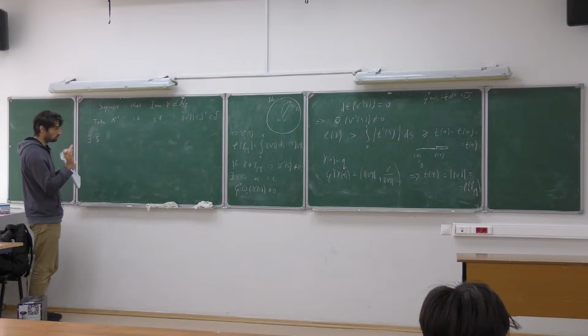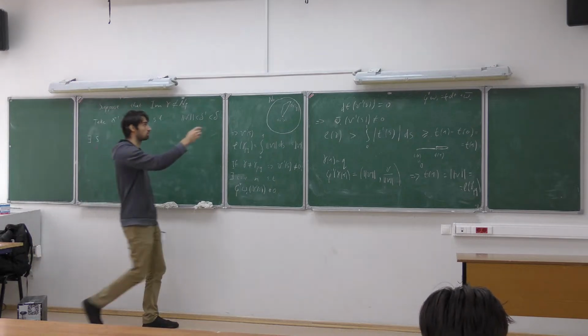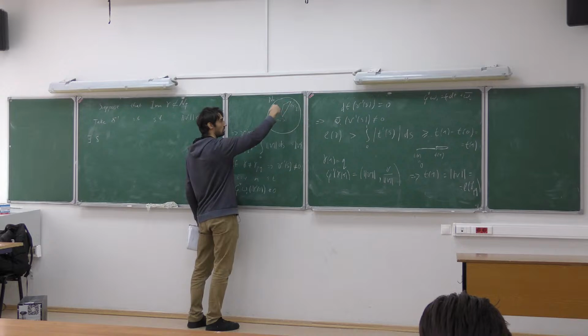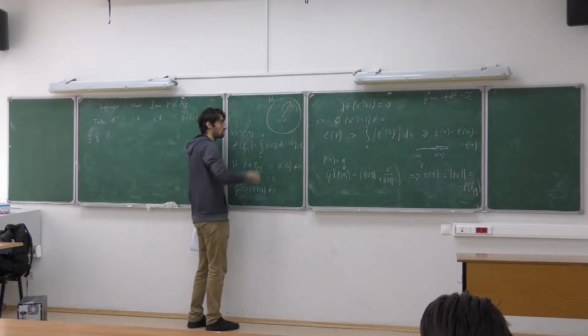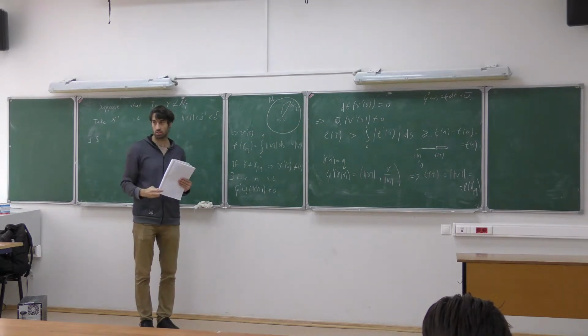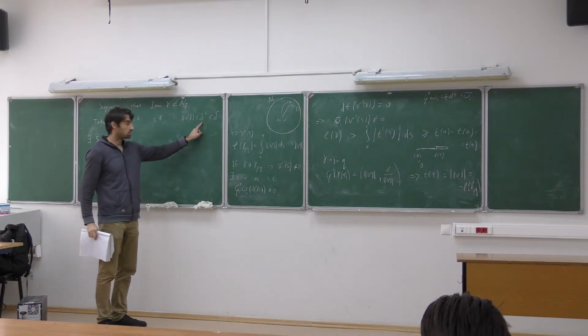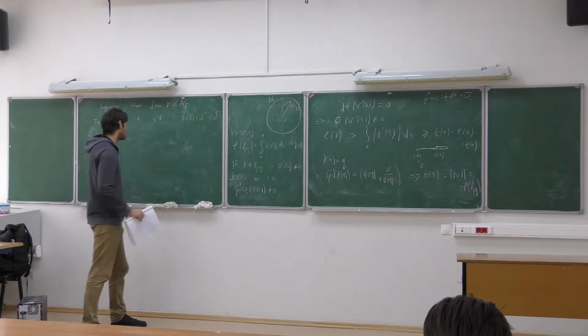Since my curve goes outside, it should at some point intersect any sphere of any radius inside N0 that I choose. In particular, the one with radius delta prime, right?